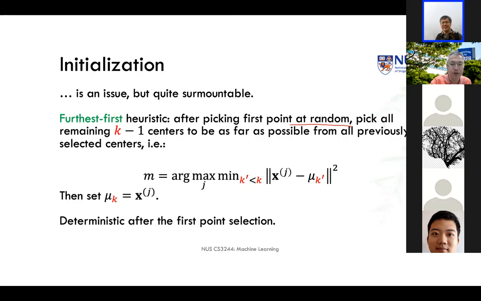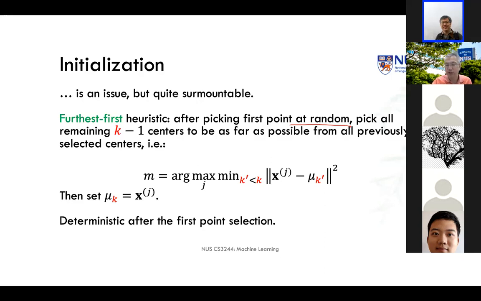So if I've already chosen 5 centers, 5 points to use as the first 5 cluster centers, and I need to choose the 6th one, I'm going to choose the point that is farthest away from wherever those 5 other points are.